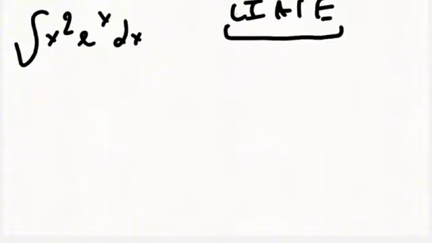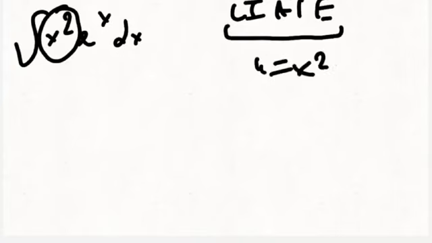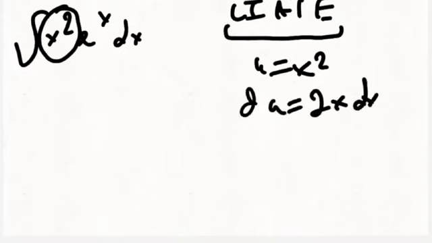So from this integral right here, which one of these terms comes up first? Do we have any logs? We do not have any logs. Next up, do we have any inverses? We do not have any inverses here. Do we have any algebraic parts? Now, we do have an algebraic part, and that is x squared. So here we have u is equal to x squared, and the derivative of x squared is 2x dx.